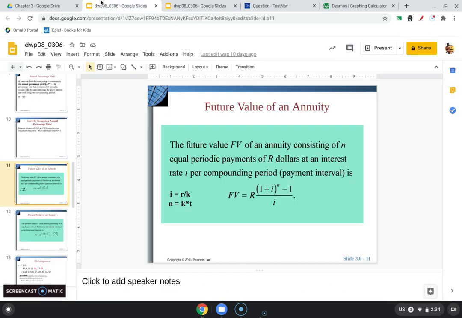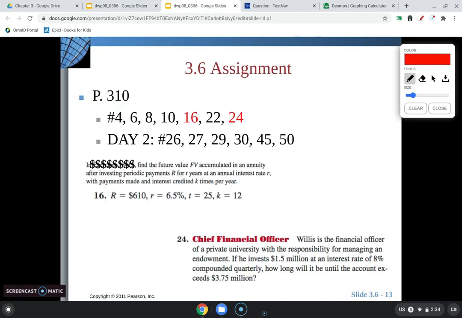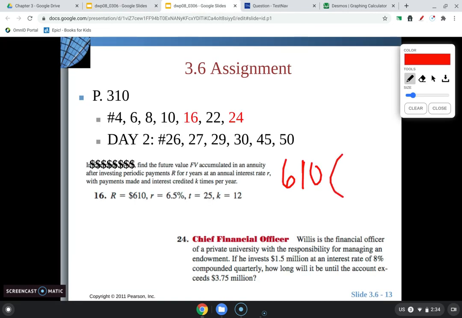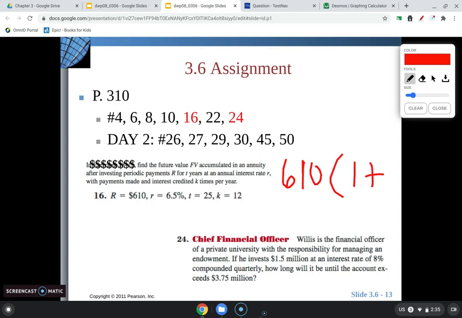So we've got future value equals big R, so 610, times (1 plus I). Now remember, to find I, you have to take R divided by K. So R is 0.065 divided by K, which is 12.